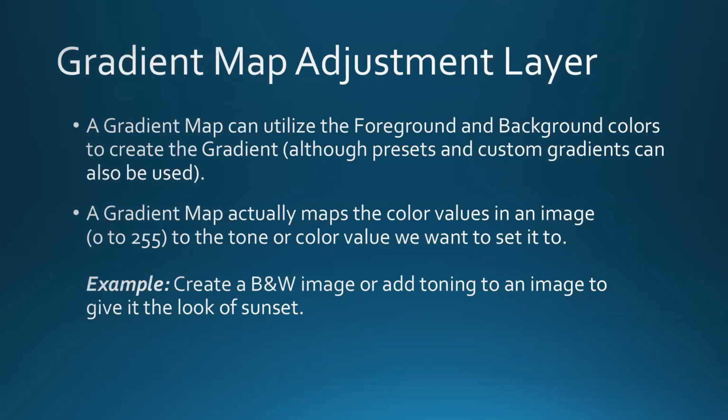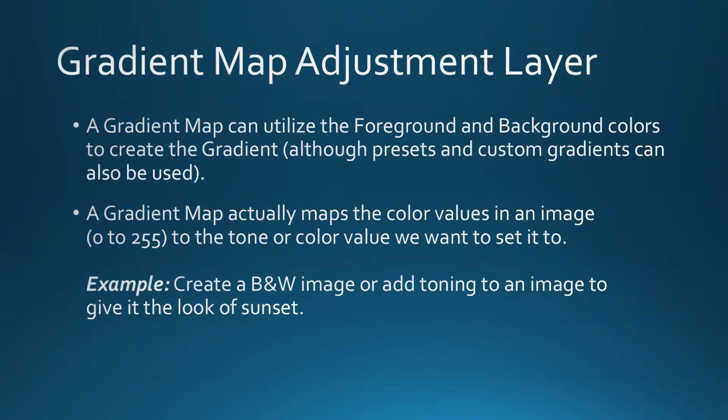So what a gradient map does is it's actually mapping the color values of an image, which range from 0 to 255 when you look at your histogram, to the tone or color value we want to set it to. So basically, it's going to take the darker colors of the gradient and apply them to the darker colors of your photo, and the lighter colors in the gradient will apply to the lighter colors.